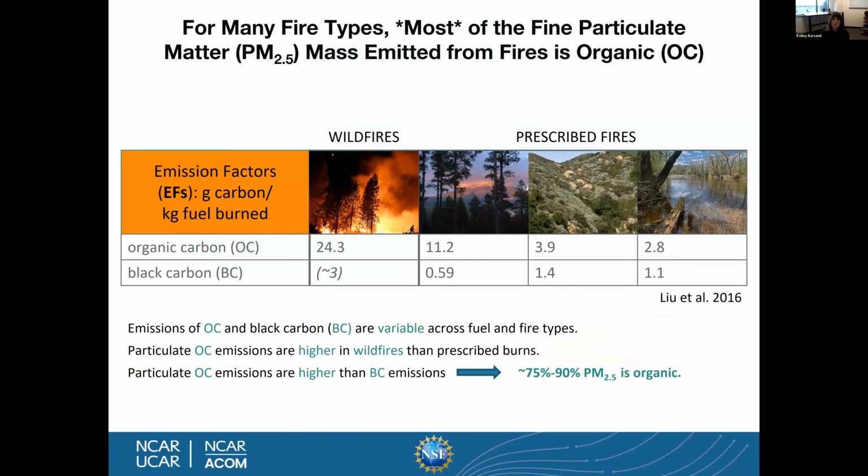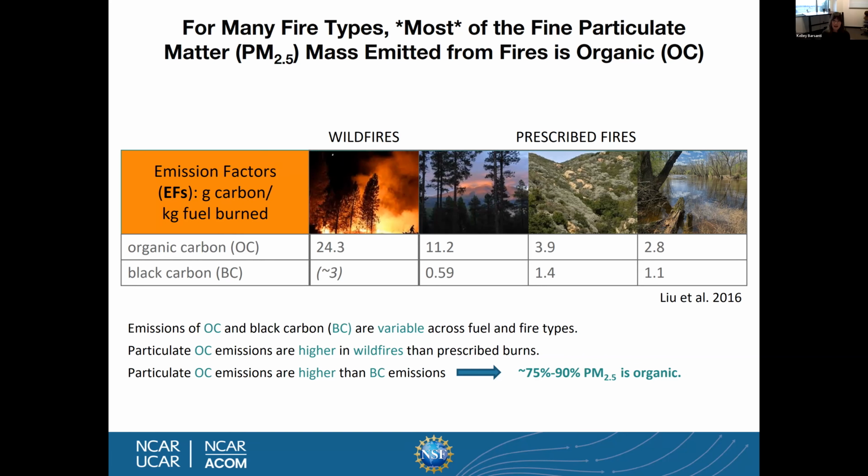Okay, so one of the things that I think is probably familiar to most people on this call is that the emissions of PM 2.5, so fine particulate matter, organic carbon, and black carbon, are highly variable across fuel and fire types, and depend on combustion conditions as well, soil moisture, fuel moisture, et cetera.